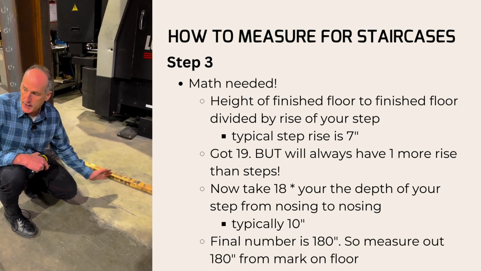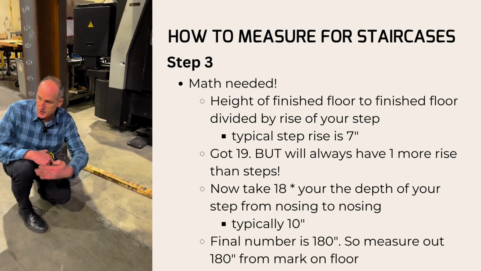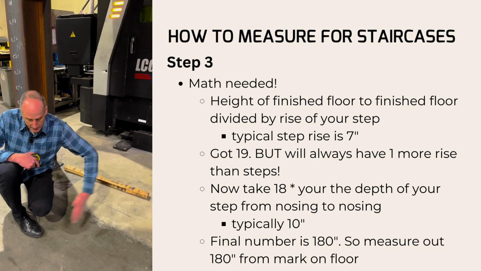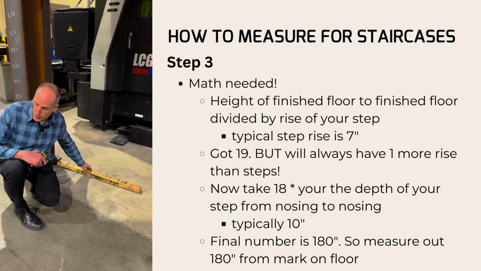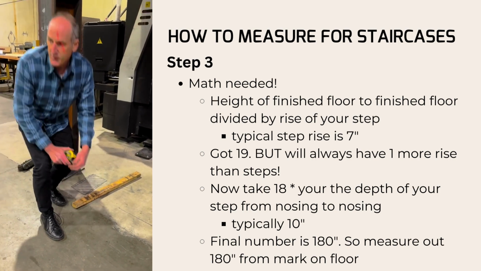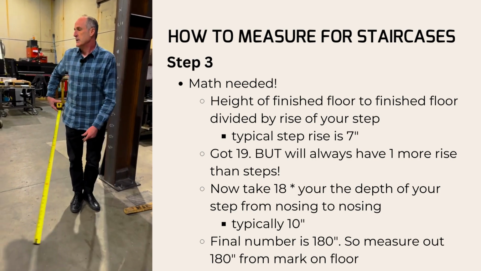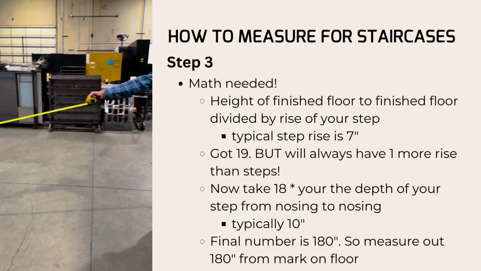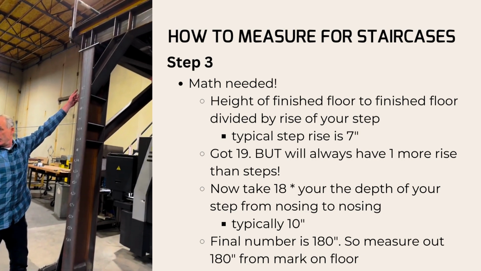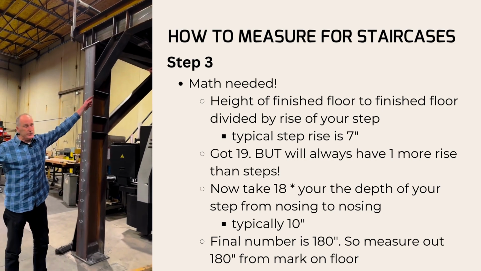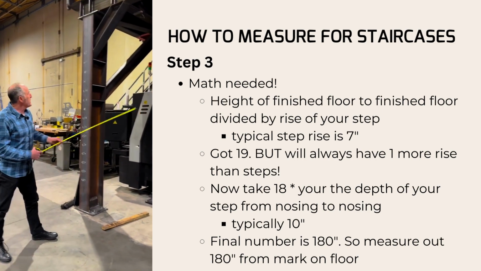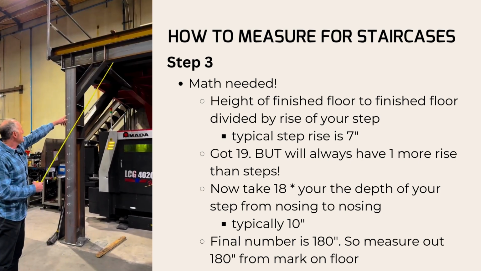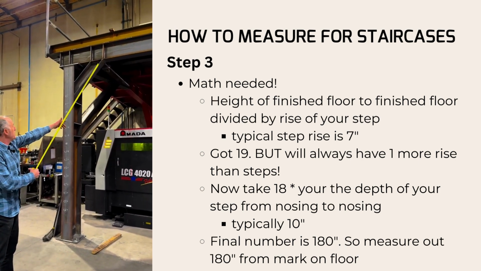What I need now is to locate it in this direction, 90 degrees to the platform. So to do that, we've taken our curtain laser and we've set it out away from our upper landing. And you can see that, in this case, the bottom of my platform is exposed.